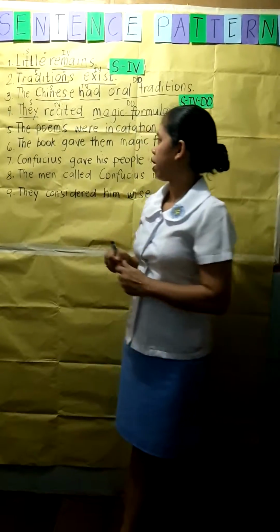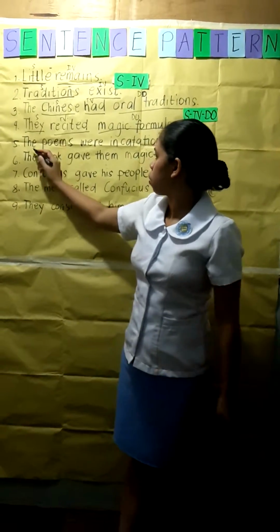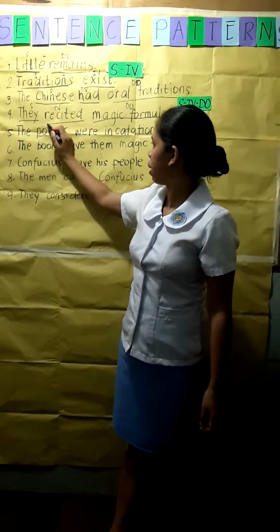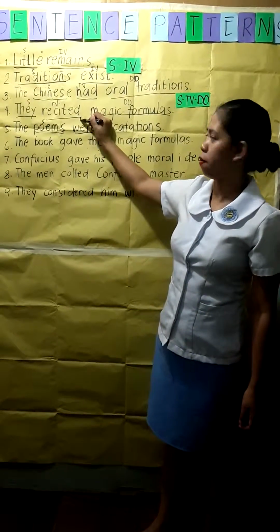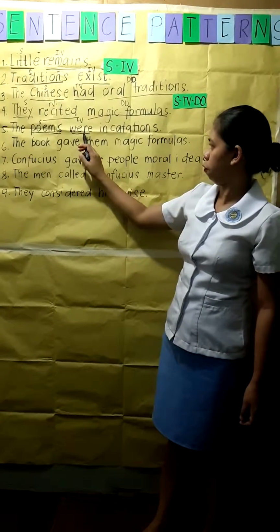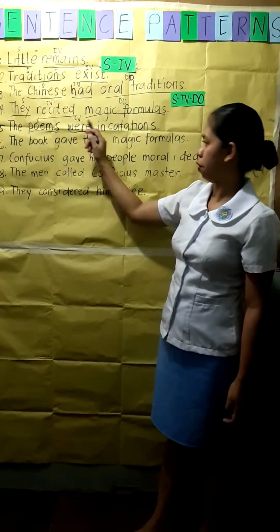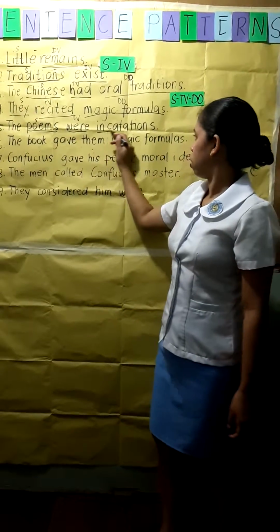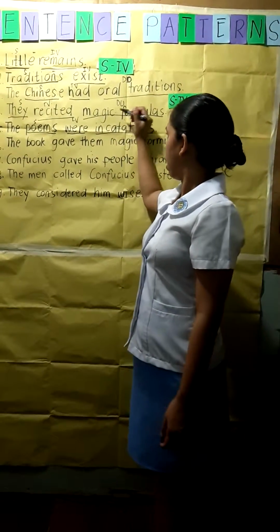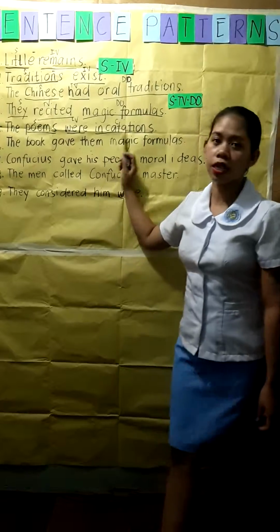So sentence number 5, the poems were incantations. So let's try to find out the pattern for this one. So poems is our subject. Were is a linking verb. So this is a past form and past plural form of the verb be. And then incantations is our complement. In particular, this is a noun complement.